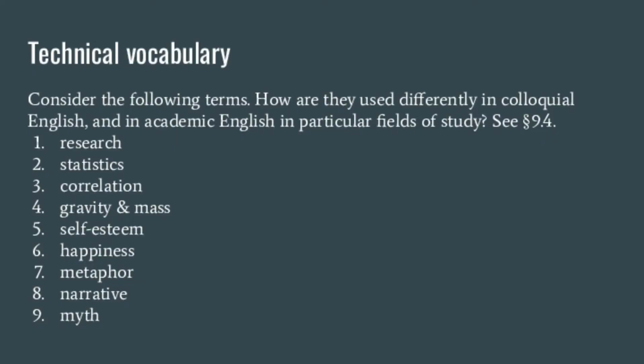What is narrative? Well, in literature, narrative is a particular genre, a storytelling genre, or it's a particular storytelling technique or method. In psychology, it's a kind of conceptual framework that defines, for example, who you are and your identity.